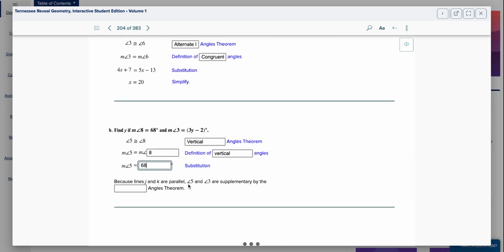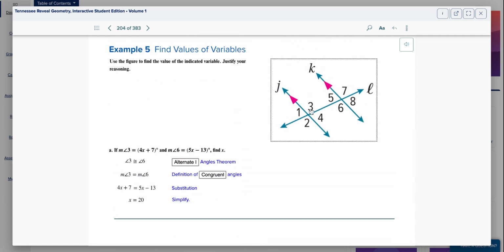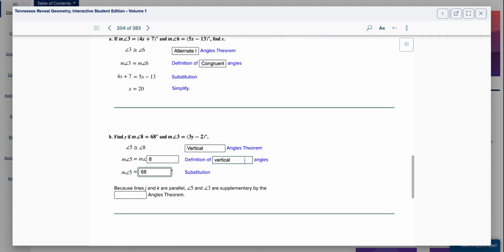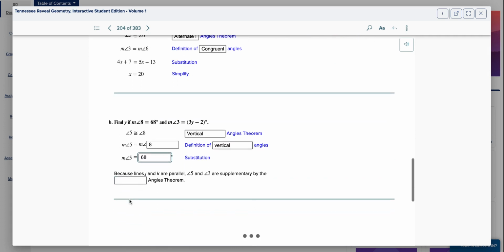All right, so they're supplementary, going back to 3 and 5 not being equal to each other, because it looks like I'm doing a little proof here. 8 and 5 are vertical, so whatever 8 is, 5 is, and these are supplementary because consecutive angles are 180 degrees. They're supplementary angles. So it looks like I need to realize that 5 and 3 are supplementary by the supplementary angles theorem.